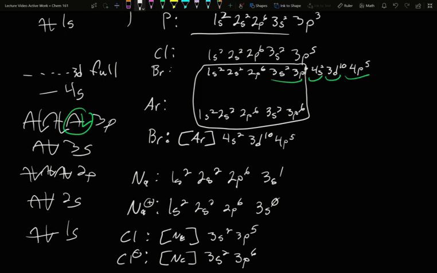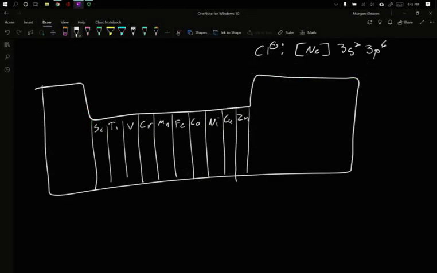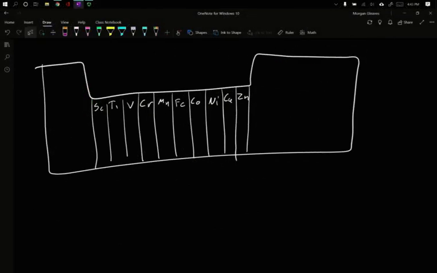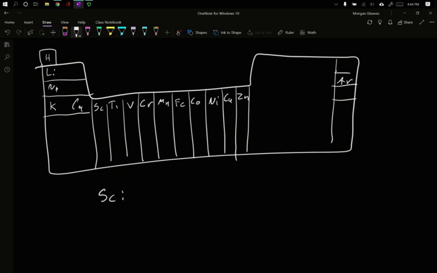And so we can show the electron configurations long or short for atoms or ions. All right, also let's take a minute to talk about some of the d orbitals. So scandium over here, if we wanted to have scandium, well, the last noble gas for scandium would have been argon.